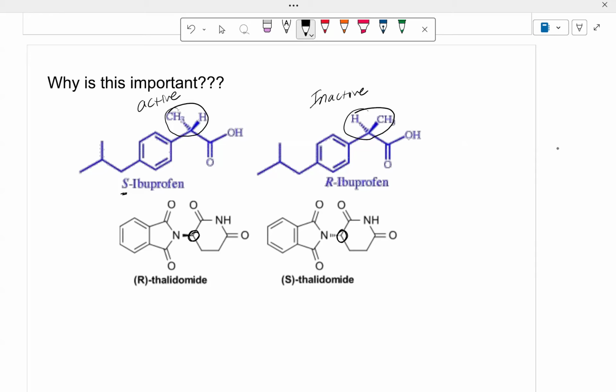But S-thalidomide caused birth defects in the developing baby, and about 70% of the time led to the child being stillborn.